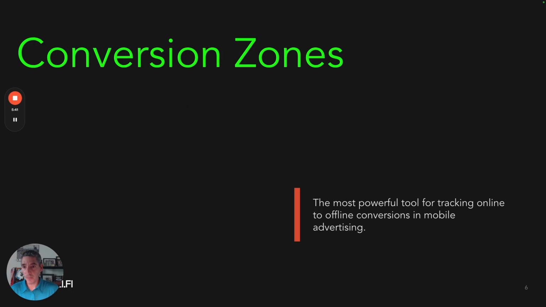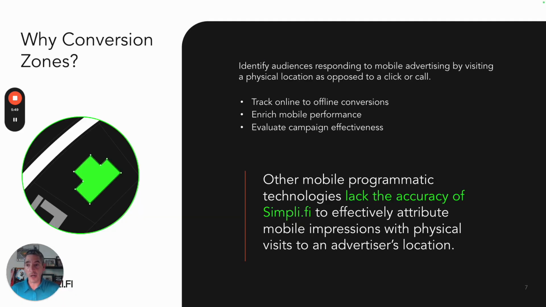So, conversion zone. The reason we're going to spend some time on this, it's important, again, to be able to evaluate marketing and see that it's working. And if we can target back to your business location and track that offline conversion, that's really, really powerful. So the way that this works is that we've targeted a location. Let's say it's a competitor. That ad lands in that person. They go to the showroom.